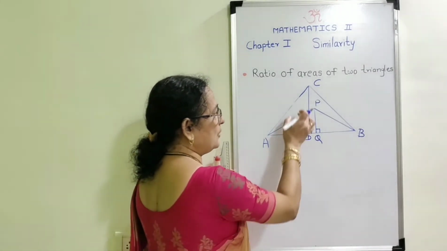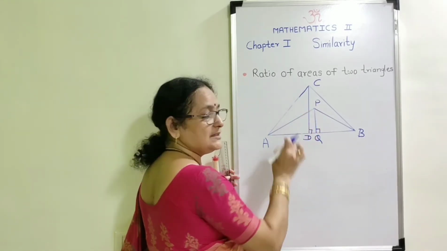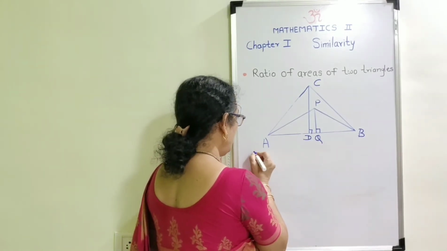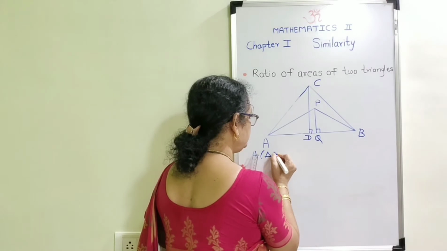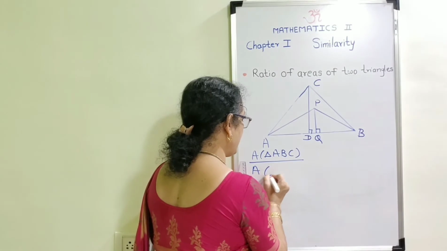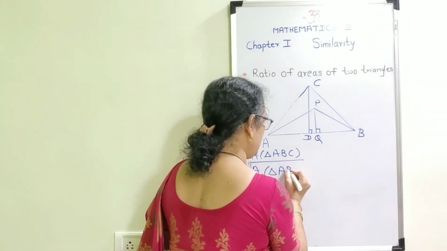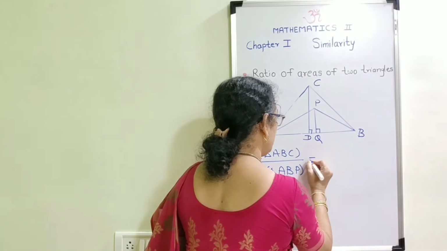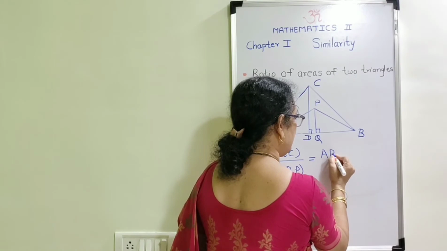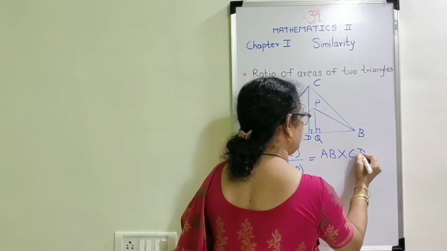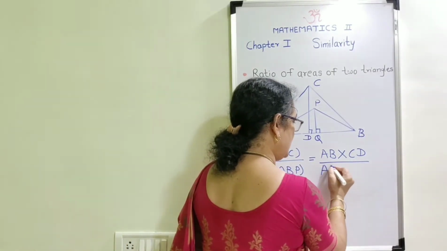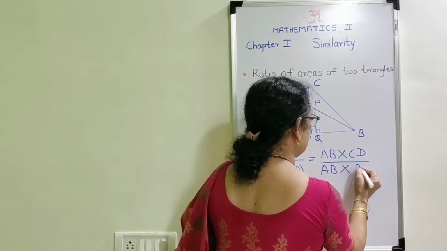Now suppose I want to take the ratio of areas of these two triangles. The base is common and therefore area of triangle ABC is to area of triangle ABP is equal to, now for the first bigger triangle base is AB and height is CD, and for the second triangle base is again common AB and height is PQ.